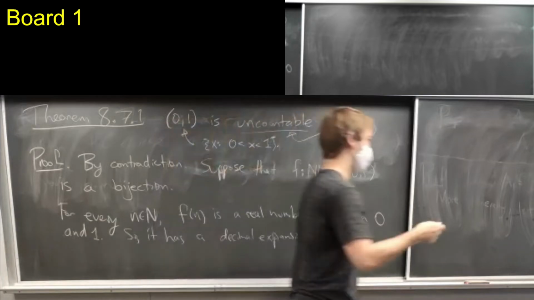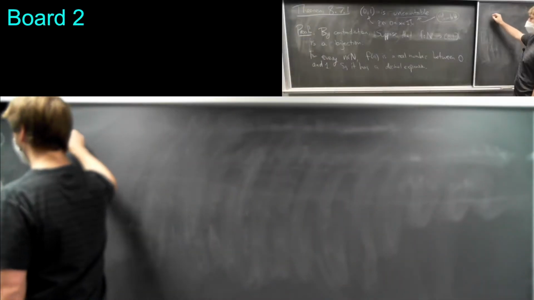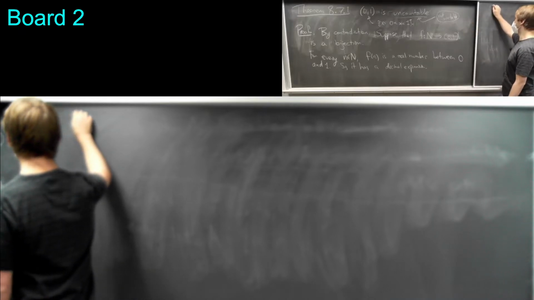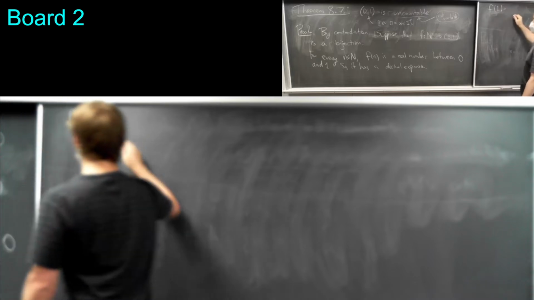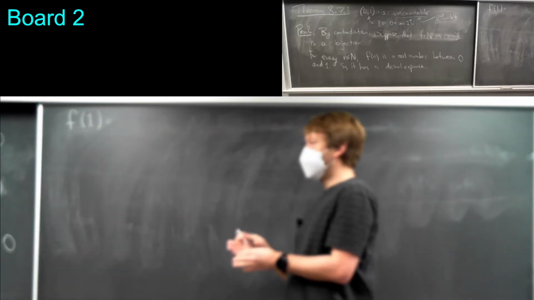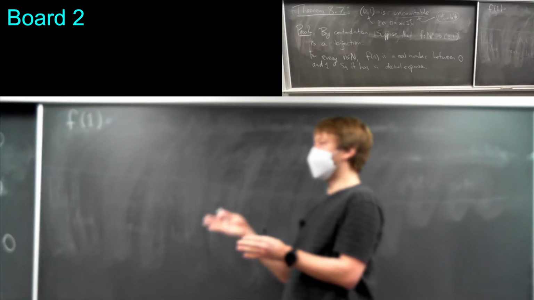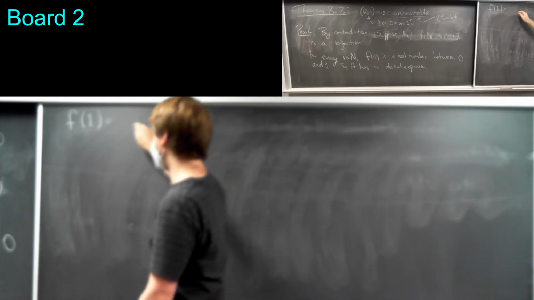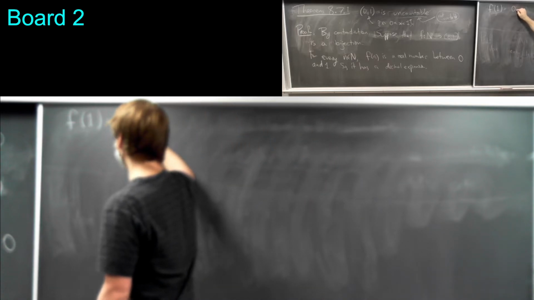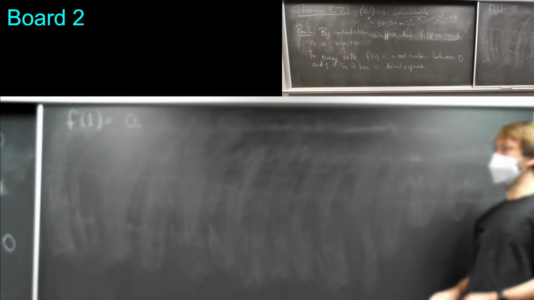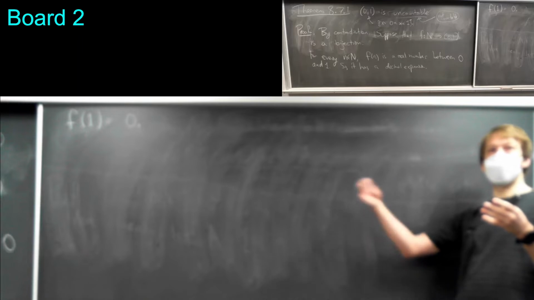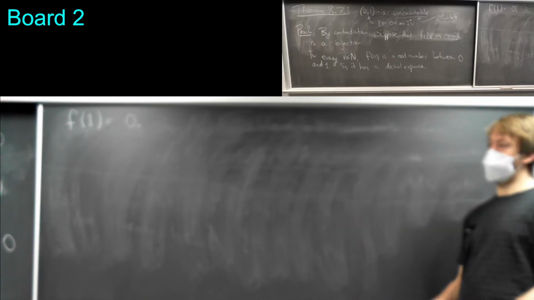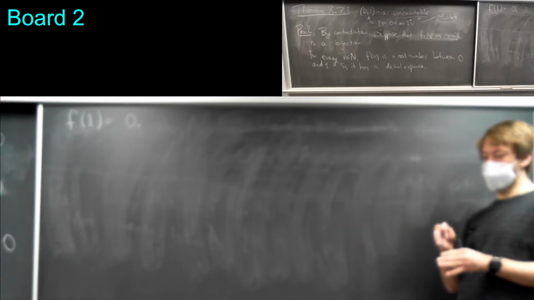Let's write out the decimal expansion of f of n for every n. Let's look at f of 1, for example. Since f of 1 is a number between 0 and 1, the decimal expansion has to start with a 0 point something. So f of 1 is 0 point, something, something, something, blah, blah, blah, where all of the digits are between 0 and 9.